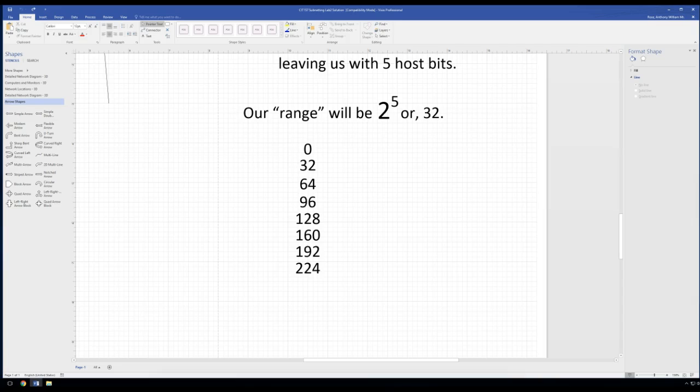Now, we're working with an octet of 8 bits, so the highest binary number that you can have is all ones, which equals 255.